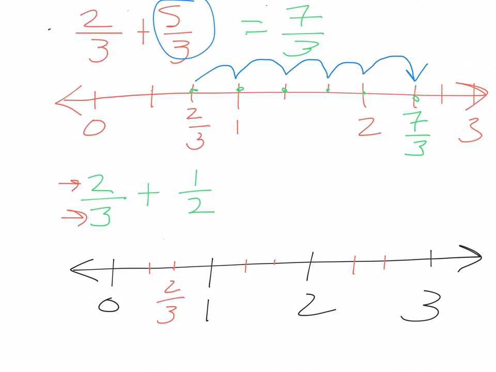Now 1/2, we need to count 1/2s, but there are no halves on this number line. So how do I make my number line have halves? Well, I have thirds already. What happens if I split each of my thirds in half?